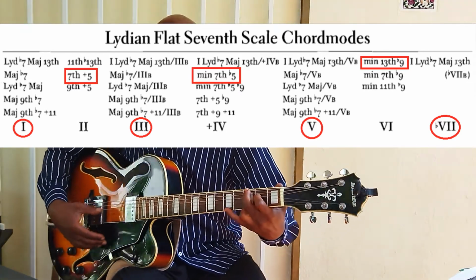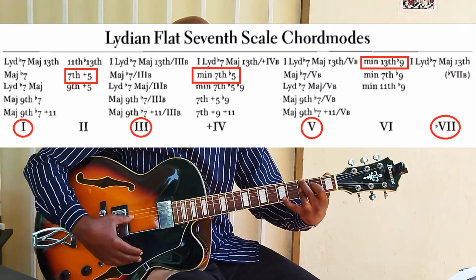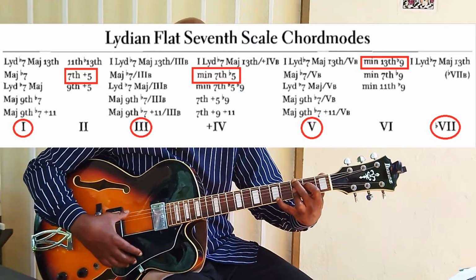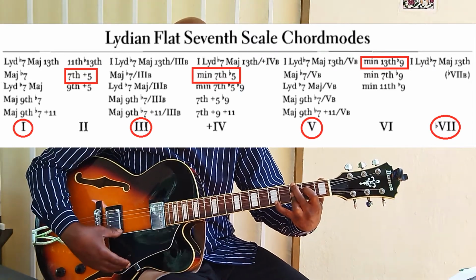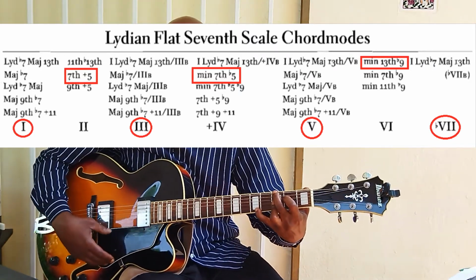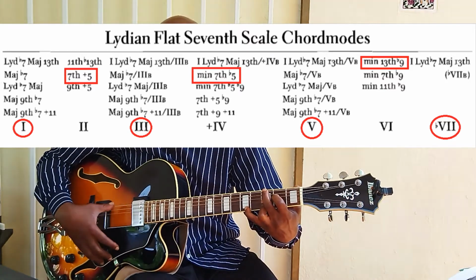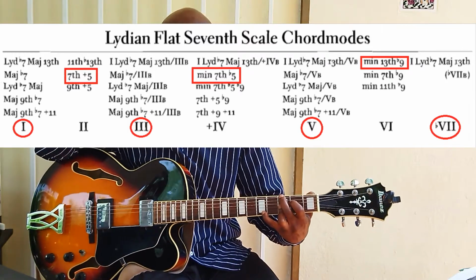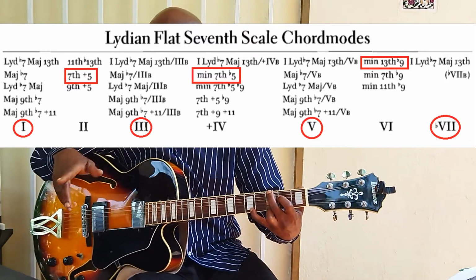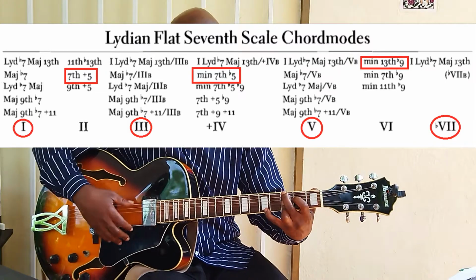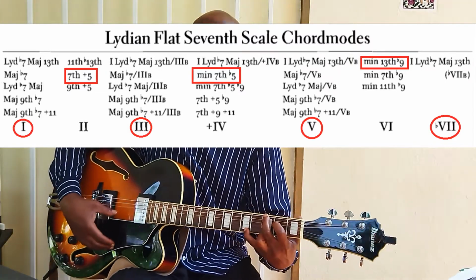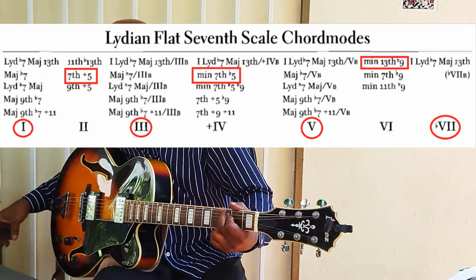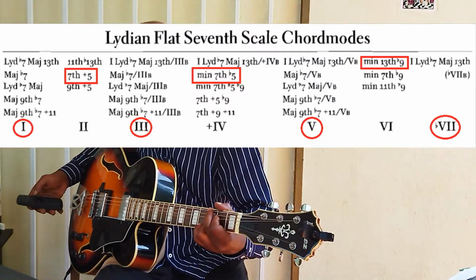Actually, this is C13. We just put the 5th note of C, which is G, at the bass. And then we have this beautiful tonality which we can use to compose, to imagine, to create, to invent, to improvise. Let's listen to what it sounds like here.